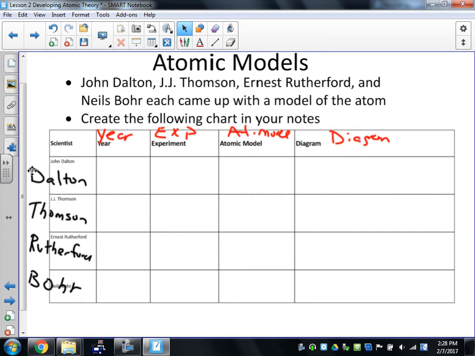I don't know if we'll be able to fill in all the exact squares, but that's fine. We'll make this table here: Dalton, Thompson, Rutherford, Bohr, and the year, experiment, atomic model, and a diagram that goes with that.